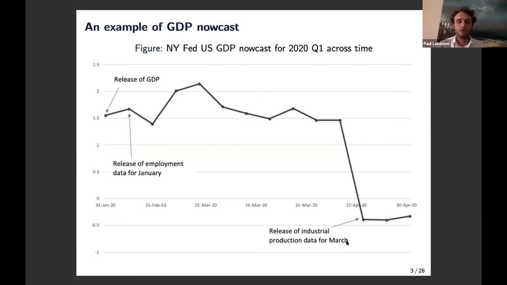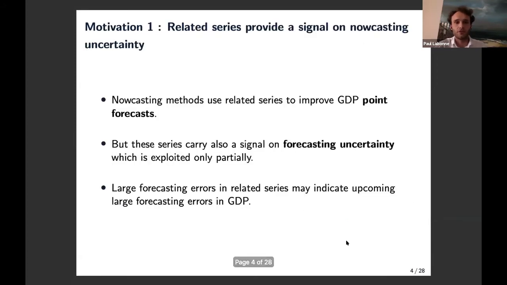In this work, my work is motivated by two facts. The first one is that these related series that we use to nowcast GDP are useful not only to have an idea of the GDP number, but they are also useful to have an idea of the uncertainty that we are going to attach to this GDP number.